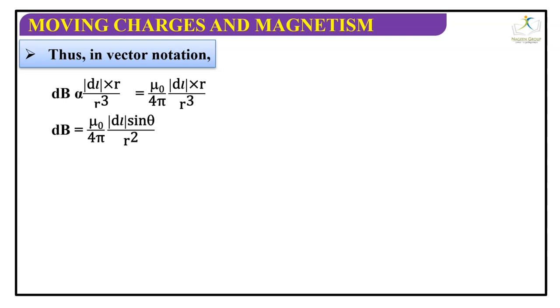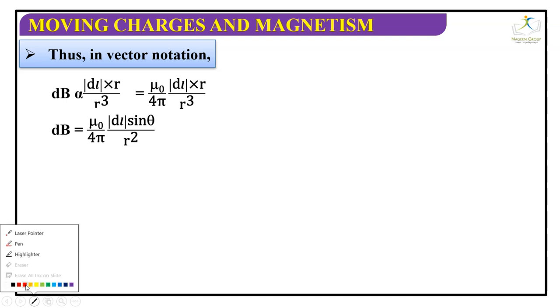In the cross product this becomes dl r sine theta, and we can divide that r into r cube. The final result is dB equals mu naught by 4 pi, I dl sine theta by r square.